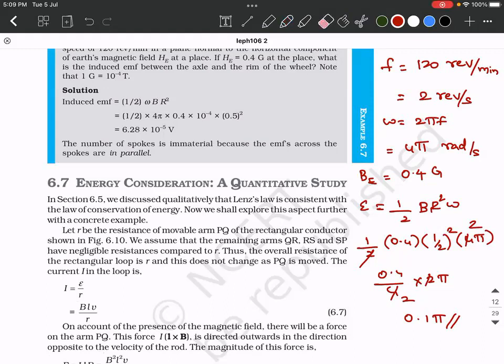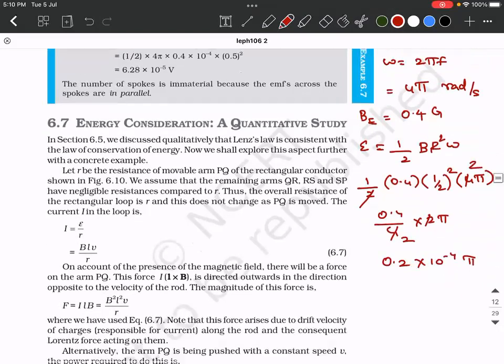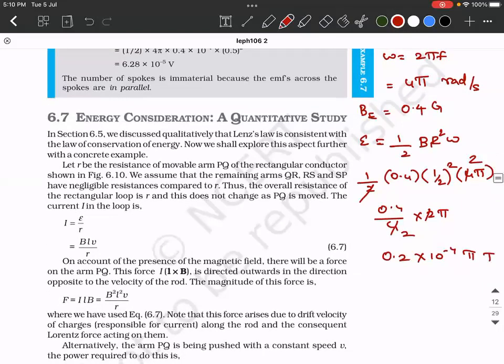Oh, sorry, 0.2 into 10 power minus 4 Tesla, because Earth's magnetic field is in these terms. So 0.2 into 10 power minus 4 pi, with pi as 3.14, is somewhere around 6.28. So 6.28 into 10 power minus 5, because the decimal is pushed one place to the right.